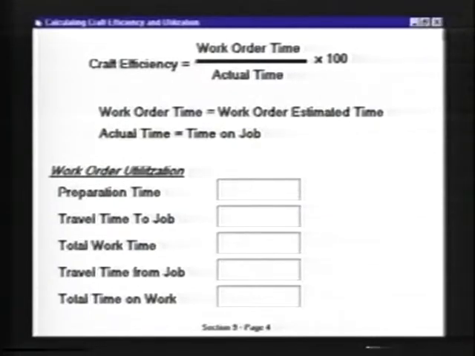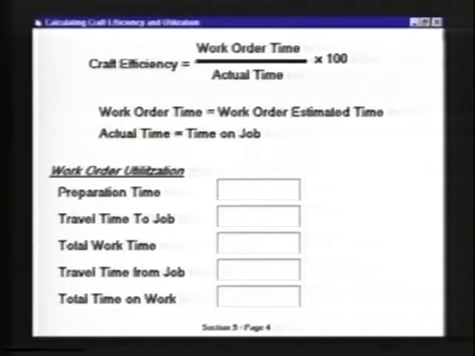So what we're trying to do here is to develop the efficiency for the various activities, the various functions, such as preparation time, travel to and from the job site, and total work order time.